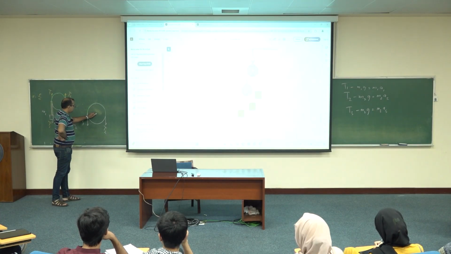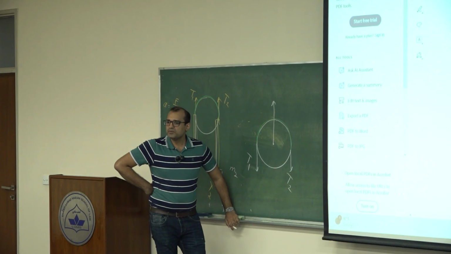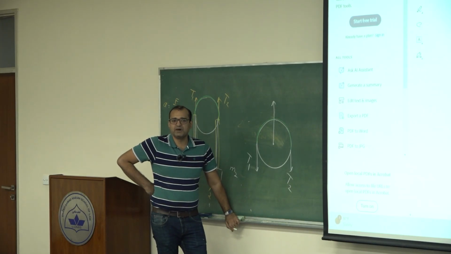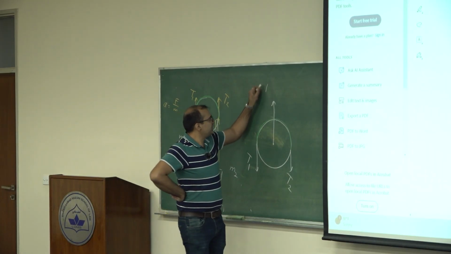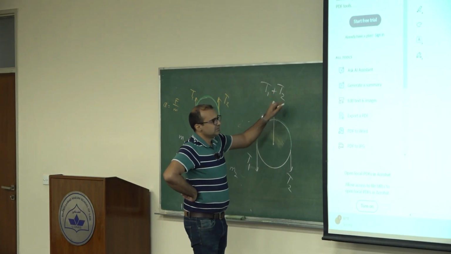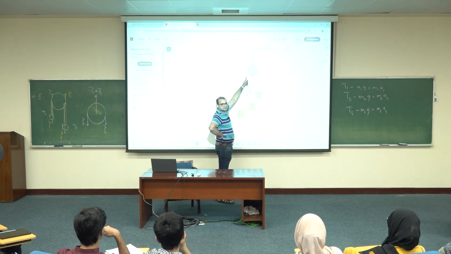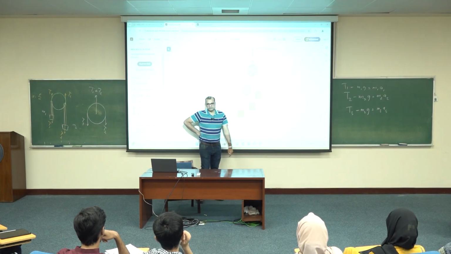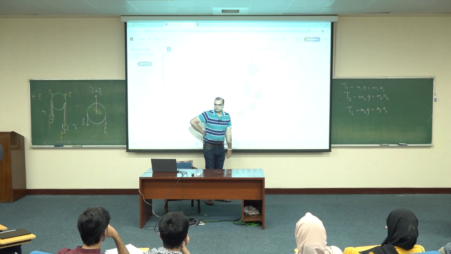Now there also needs to be an upward force, because these two forces alone can't act on the pulley, otherwise the pulley would fall infinitely fast. Because the pulley is also massless, the net force on the pulley needs to be 0. So this should be T1 plus T2. Of course this is nothing other than the tension in the string over here. So the tension in this string is the sum of the tensions over here.